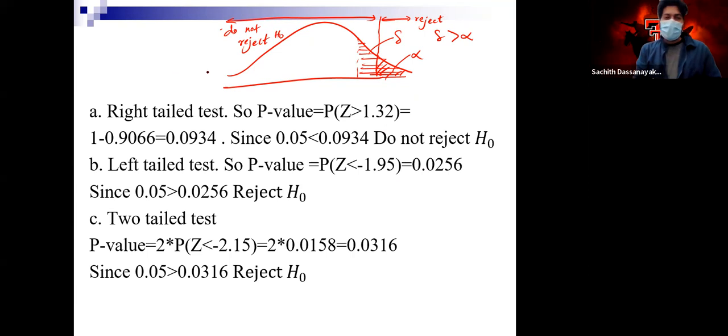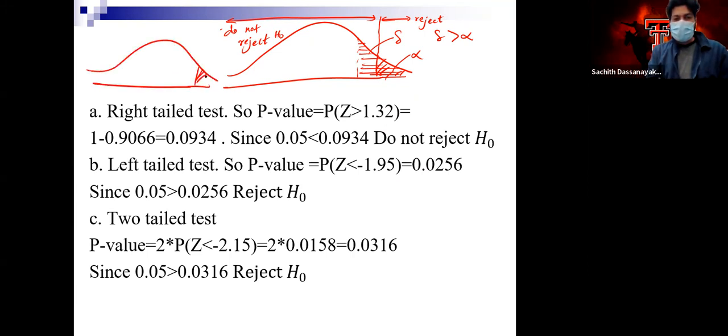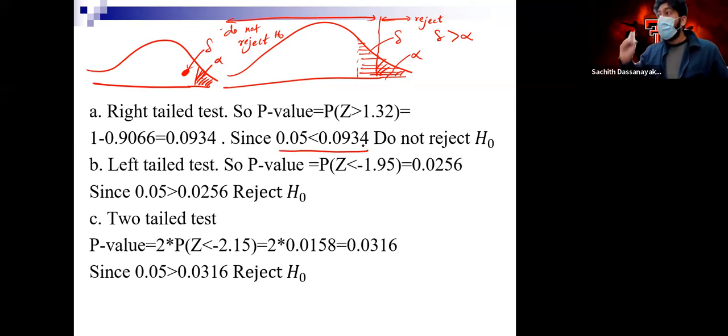Or simply, if you are confused with this, I can show you something like this. This is your alpha, and let's say your p-value is somewhere here. Your delta is something like this. Clear? That's why we do not reject. Remember which test you are performing.